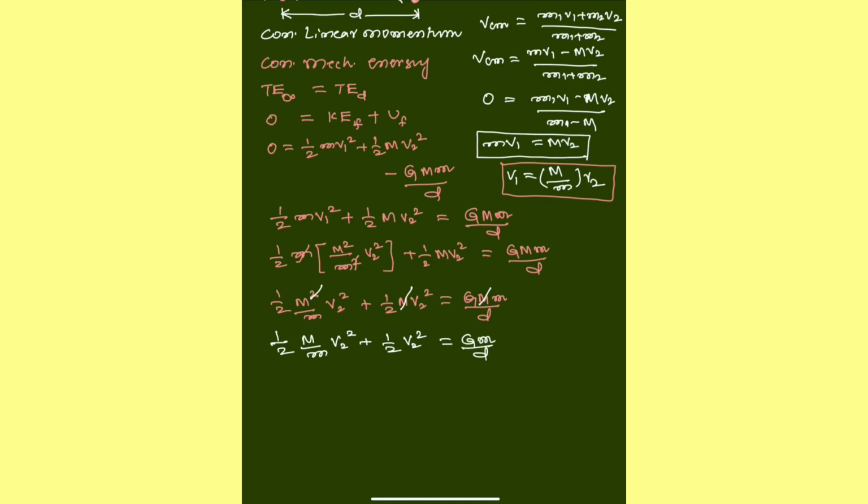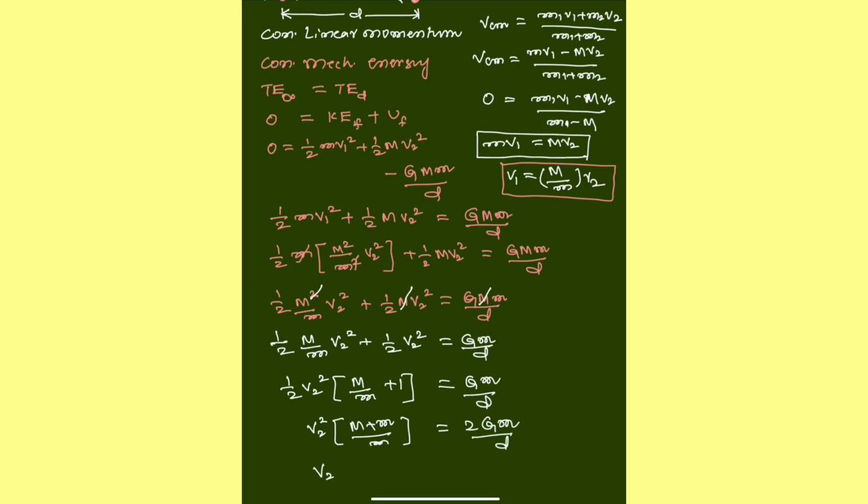Now half v2 square is common. So (M by m plus 1) times half v2 square is equal to G m by d. So v2 square times (M plus m) by m is equal to 2 G m by d.